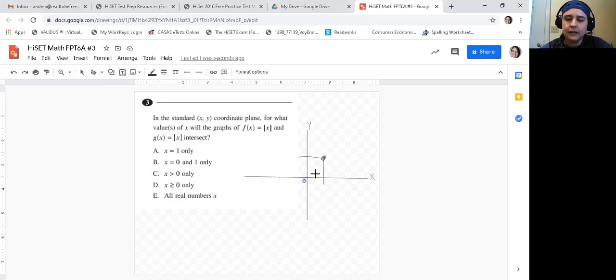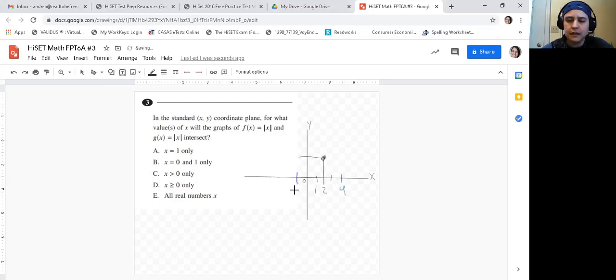And then I could create some little tick marks here. So maybe this is 1, and then maybe this is 2, where my point is actually located. And this might be 3, and here's 4. Okay, so this is the x-axis, and we also have tick marks in the negative direction.